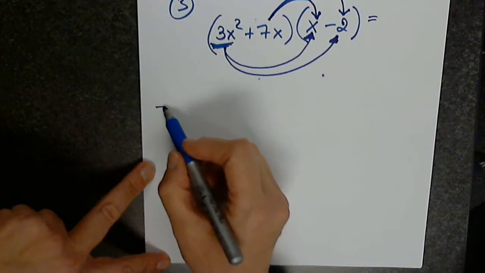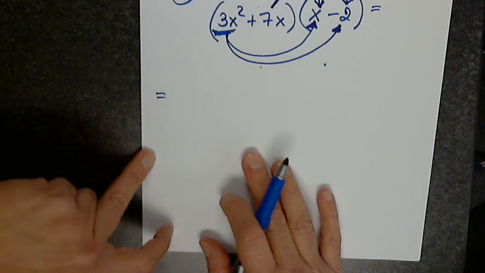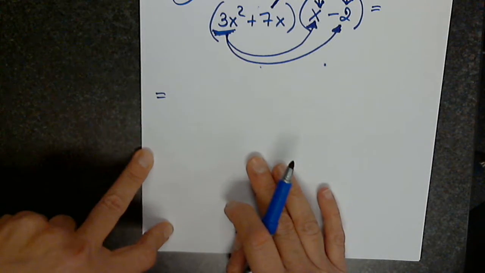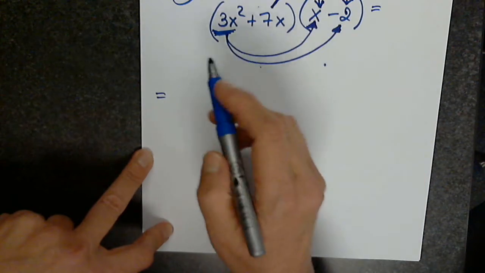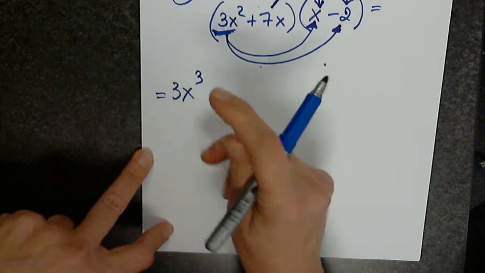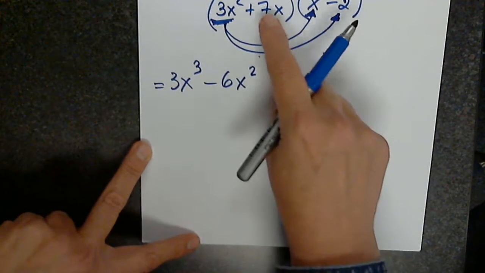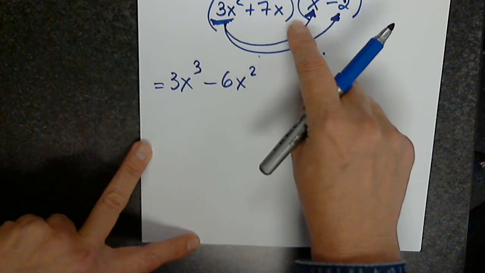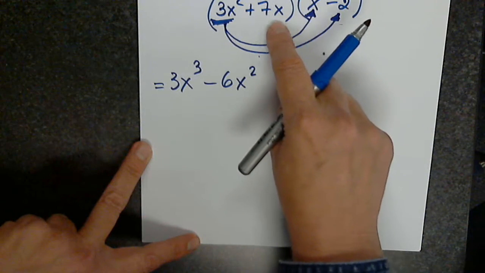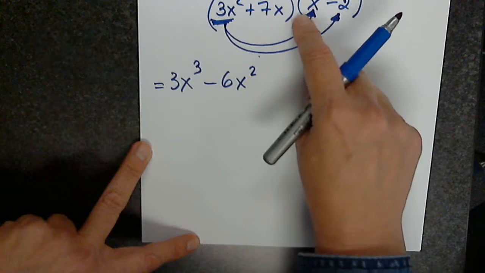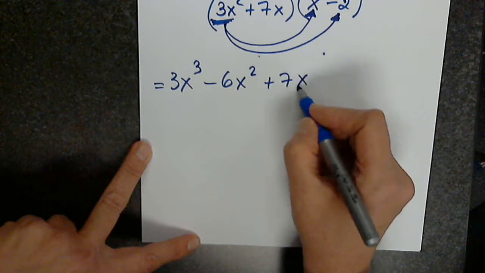So, please dictate. 3x to the third power, minus 7x to the second.